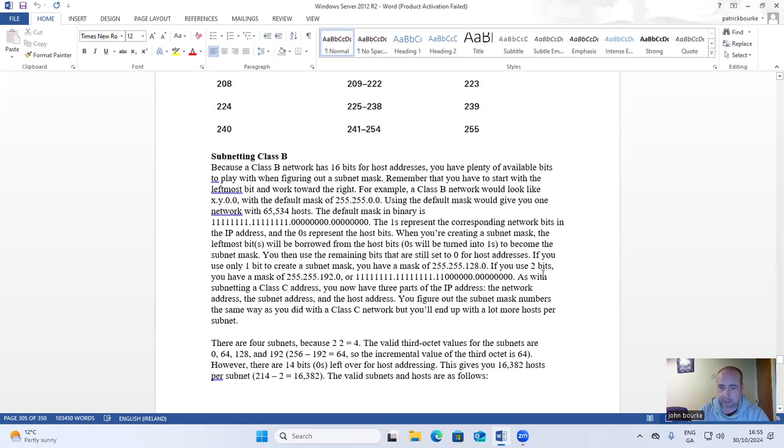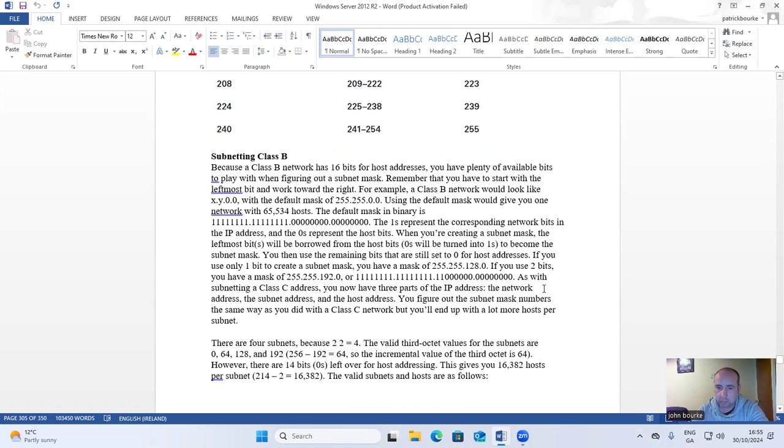If you use 2 bits, you have a mask of 255.255.192.0, or 11111111.11111111.11000000.00000000.